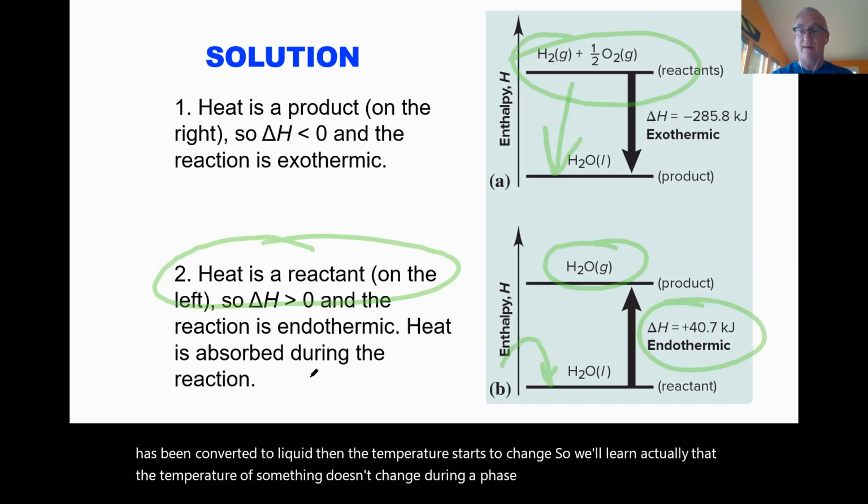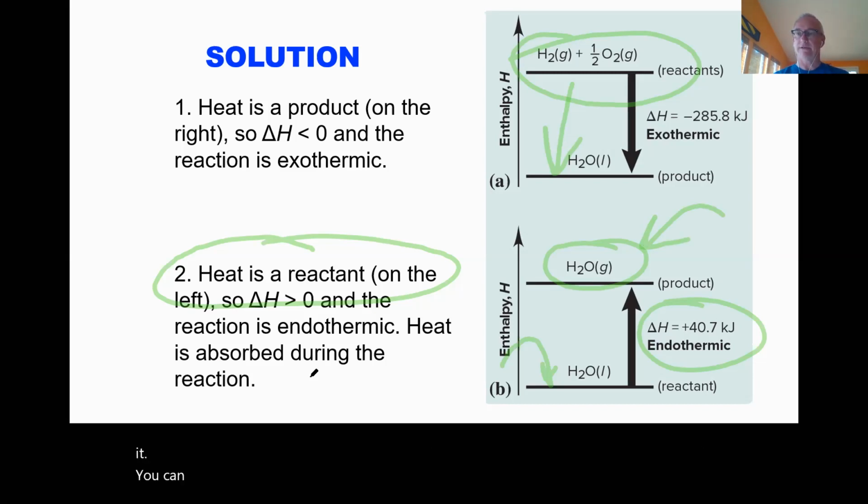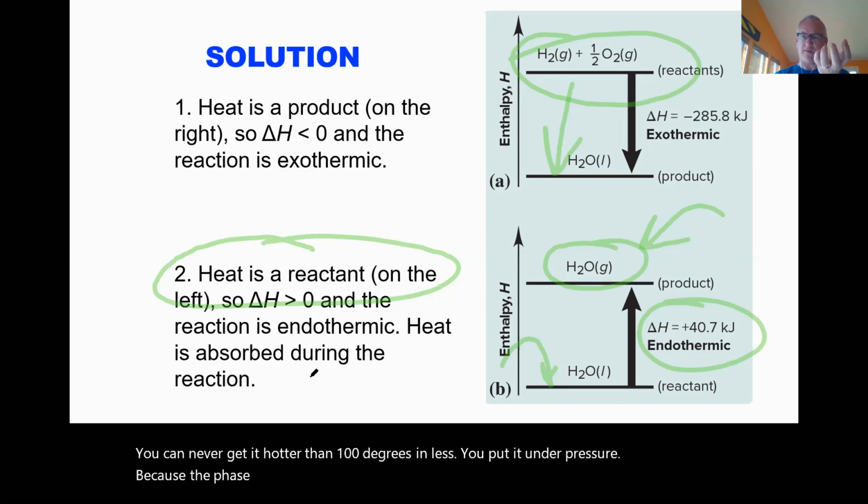Same is true here. This reaction right here takes place at 100 degrees. So if you have a pot of water and you're boiling it, you can never get it hotter than 100 degrees unless you put it under pressure, because the phase change is taking place. It's turning from a liquid to a gas, and that takes place at 100 degrees.